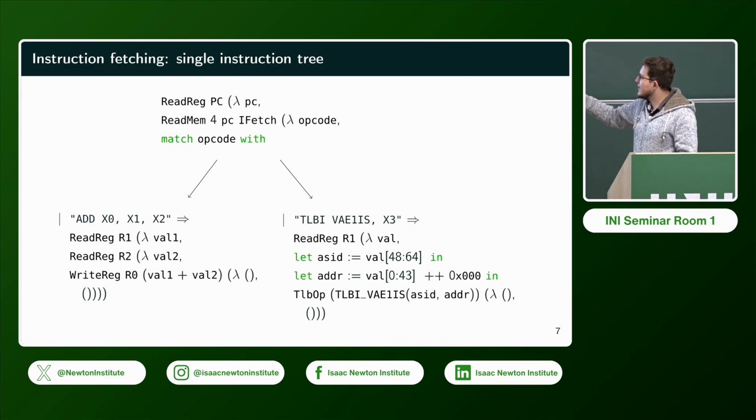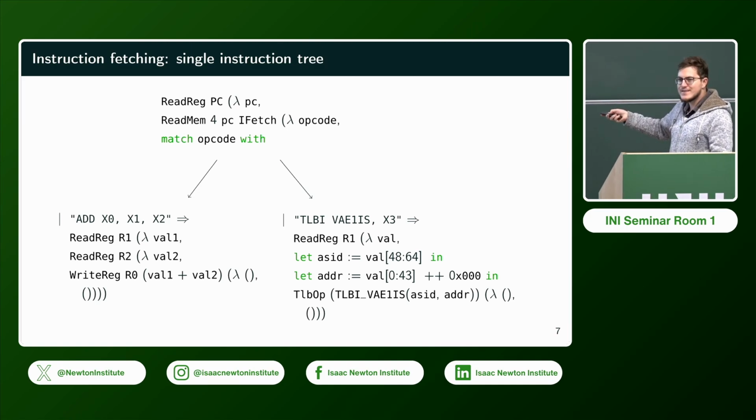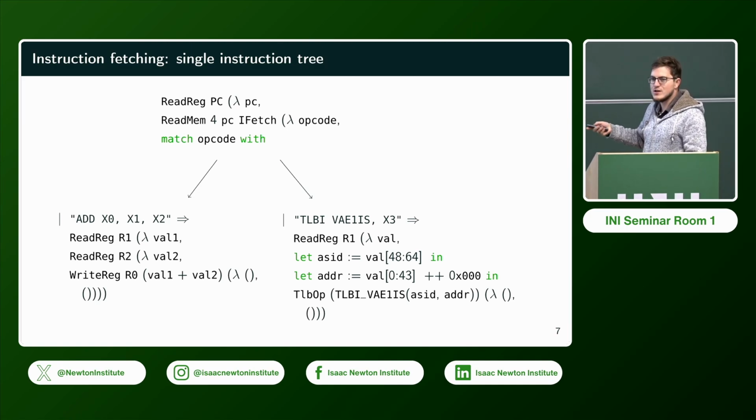So here it's a TLBI of type VA E1 IS with those two parameters, and it returns unit. So you can do quite complicated things while still hiding all of this inside the Coq function because it's a shallow embedding, so you can avoid thinking too much about the insides here.